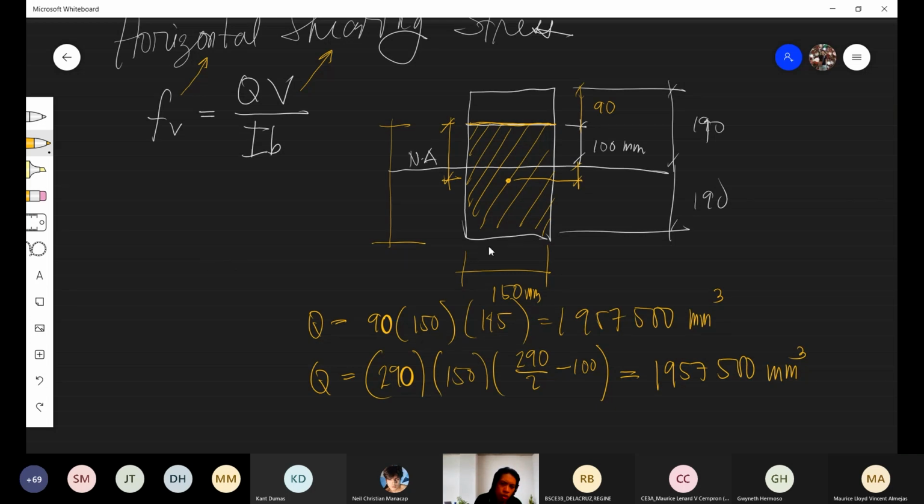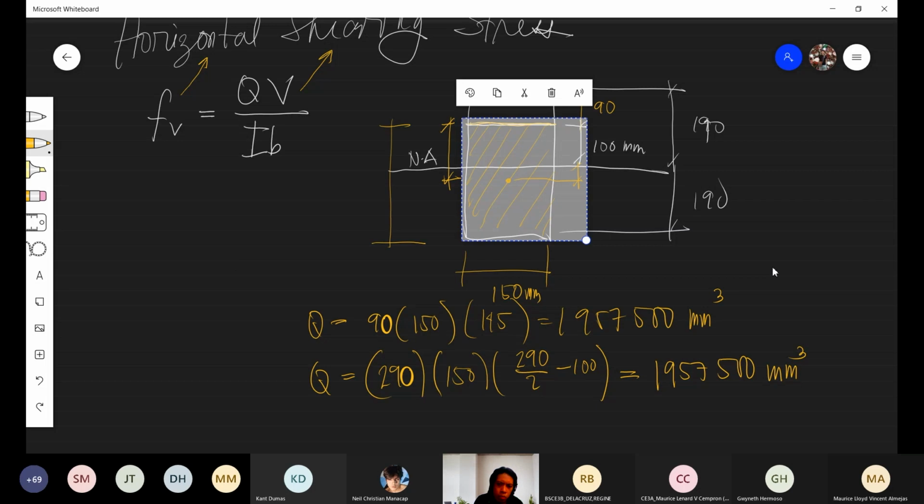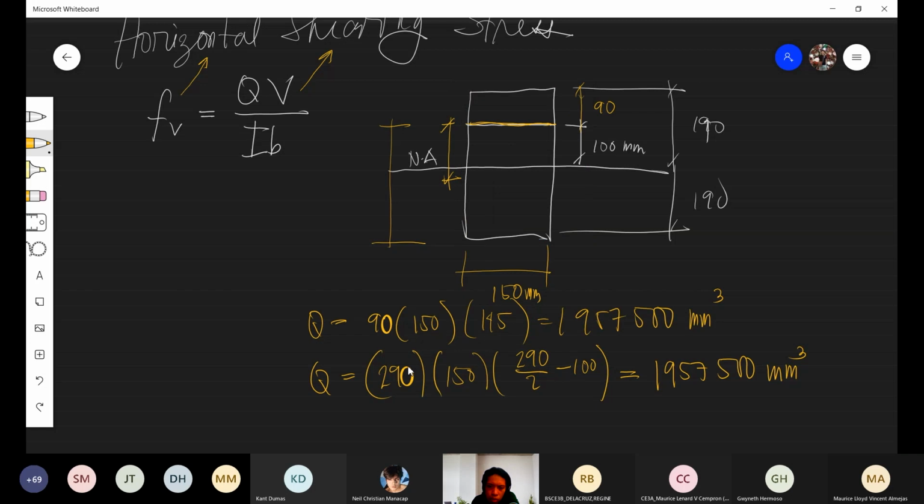For simplicity, we proved that they are equal. In solving for Q, choose the area that is easier. Which area is easier? It is about the neutral axis that you get the moment area, so use that area. Get the centroid, get the distance from the center of the area to the neutral axis, and you get Q. It's easy.